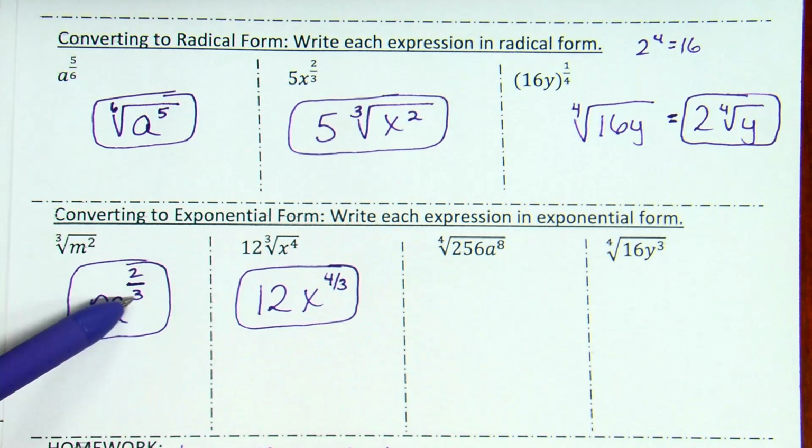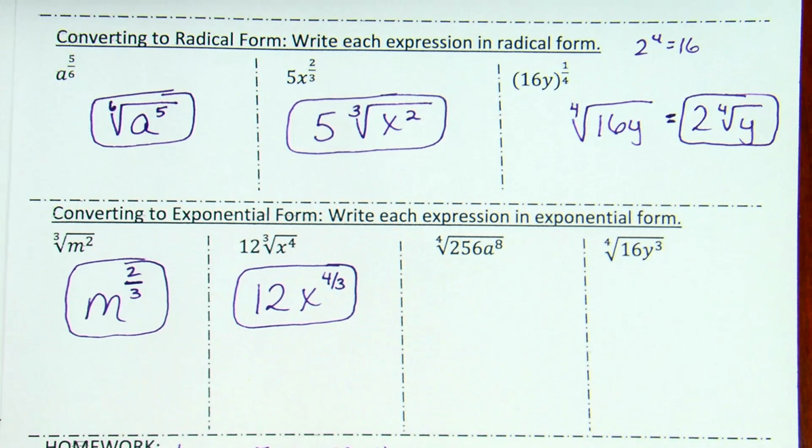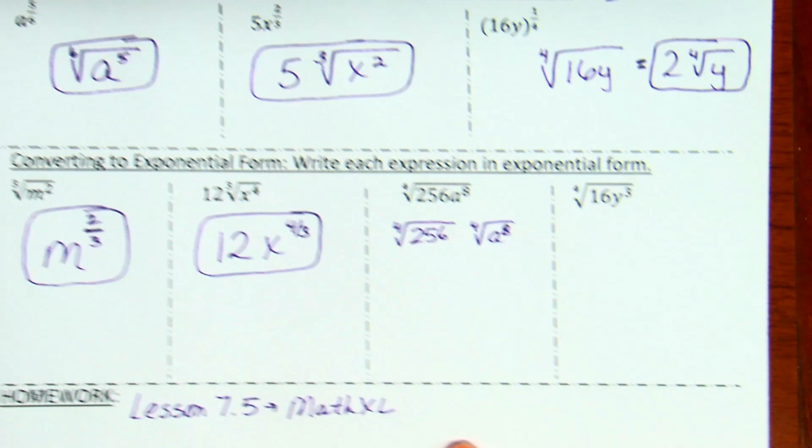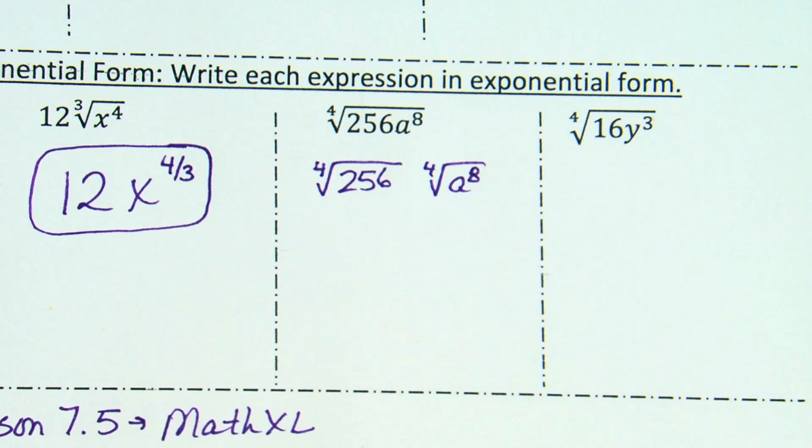So, okay, next one. 4th root of 256 a to the 8th. And what you might want to do on this one is think, what is the 4th root of 256 and what is the 4th root of a to the 8th? Yeah. Because if you think of it as two separate things, that might help you. 4th root of 256.